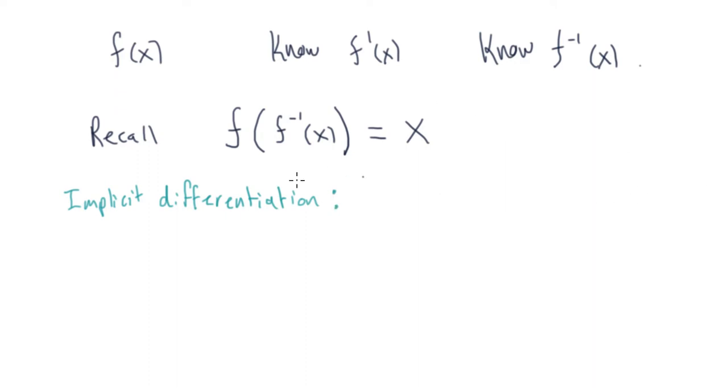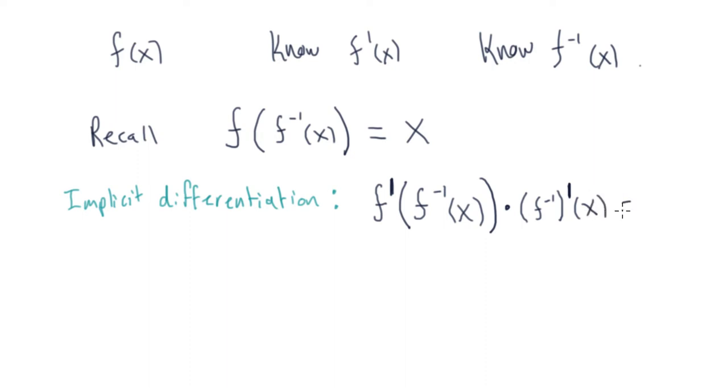And what do we get? So this is a composition of functions. So I should take the derivative of the outer function, so f prime of, I leave the inside alone, and then I multiply by the derivative of the inside function, which is f inverse prime of x. So that's the derivative of the left-hand side.